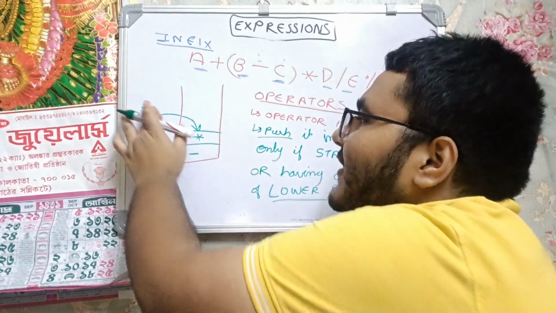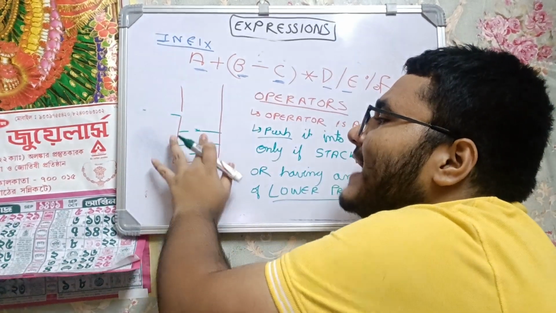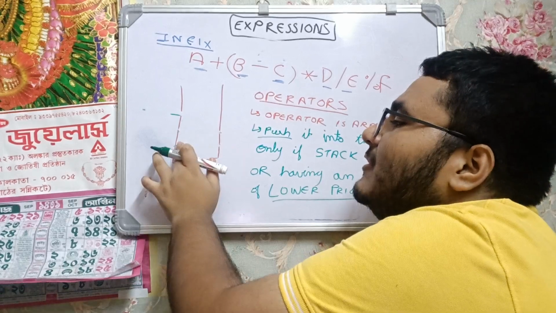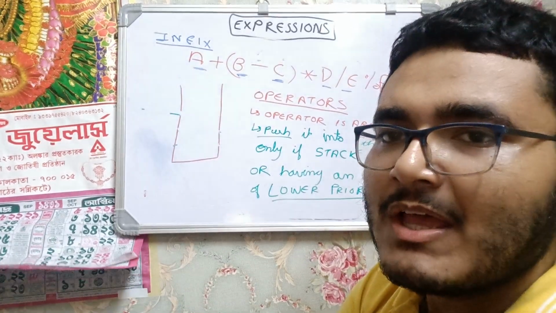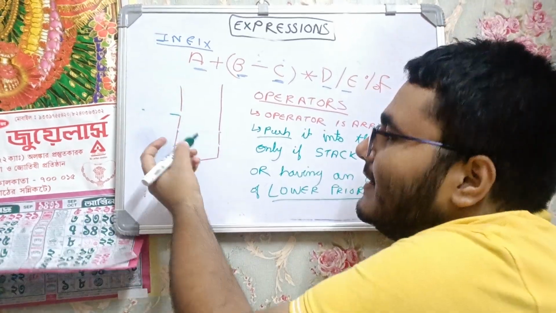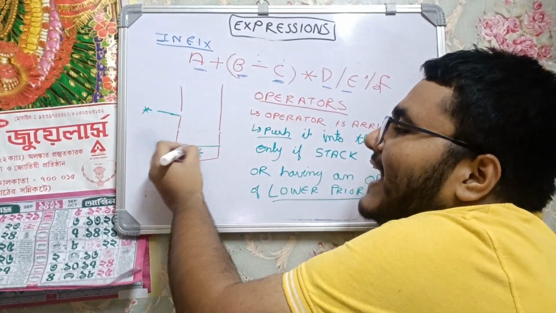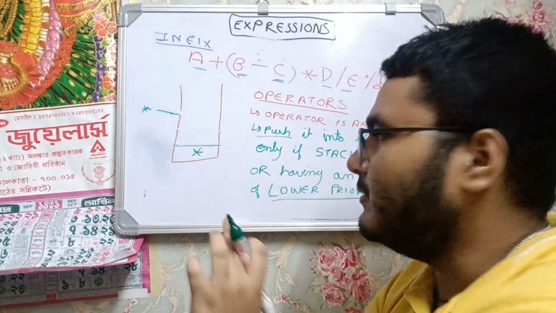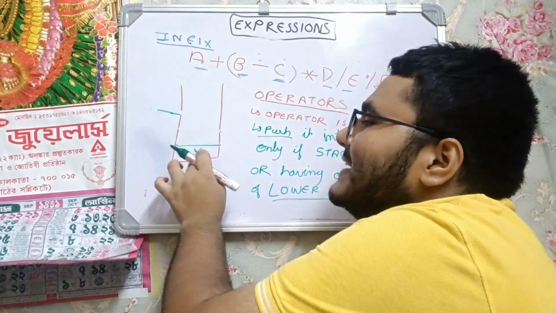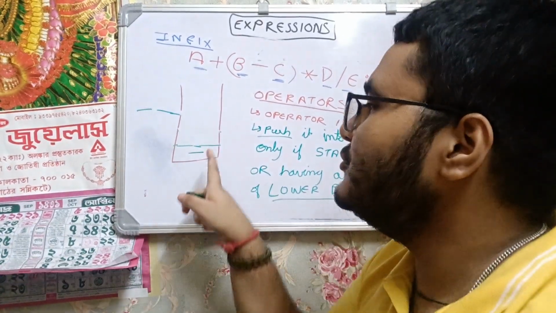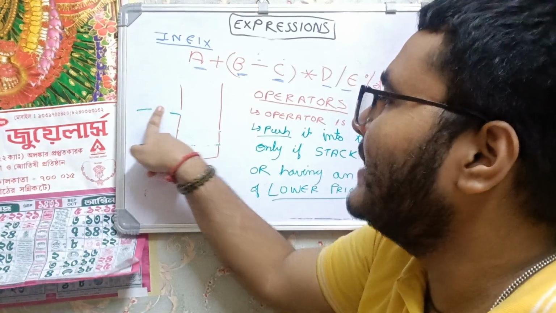Also, if any kind of operator is arriving when the stack is empty, then also push it. Say asterisk was arriving, stack is empty, push it, no problem. Or say minus was arriving when the stack is empty, push it, no problem.